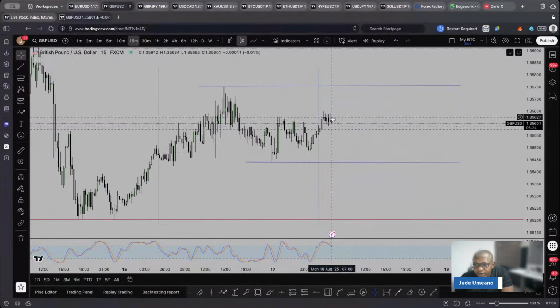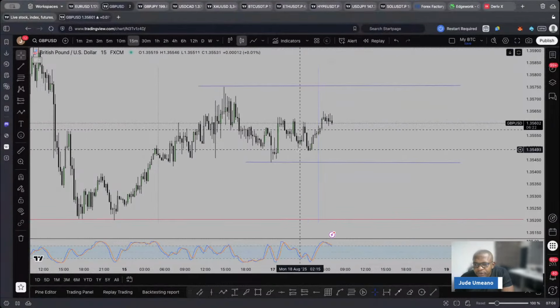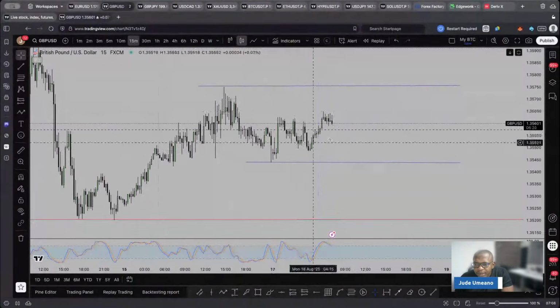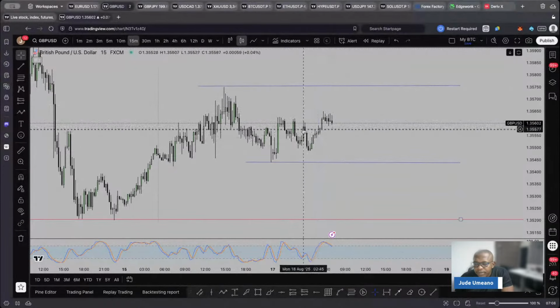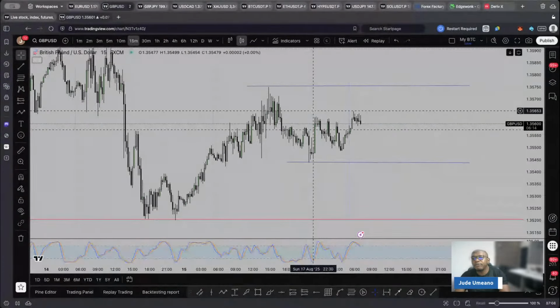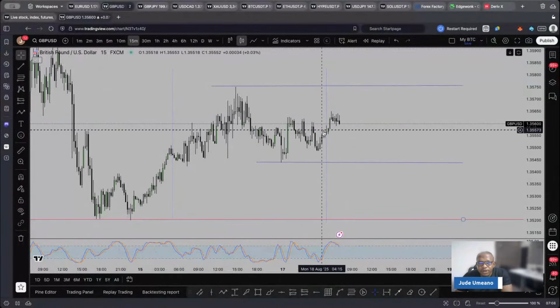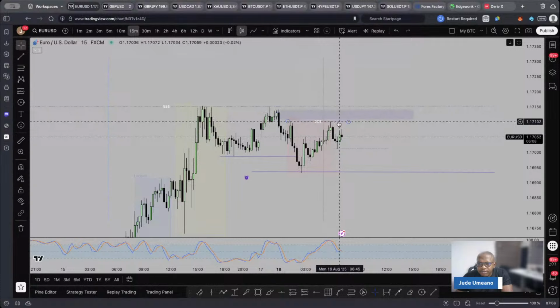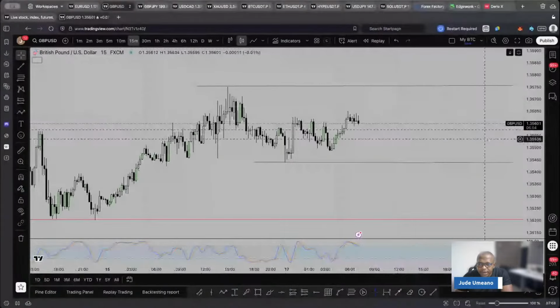We also have efficiencies here. So I'm not seeing any demand or supply zone within this particular zone. So I'm going to wait for one to form first before I start considering trade. Unlike the Euro USD, it's clearer on Euro USD than I have on GBP USD. So then again, this is still a waiting game.